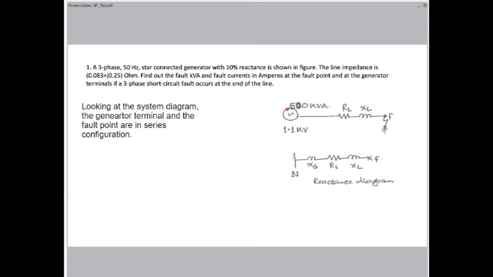And what we know, in a series configuration, in a series connection, current remains the same.